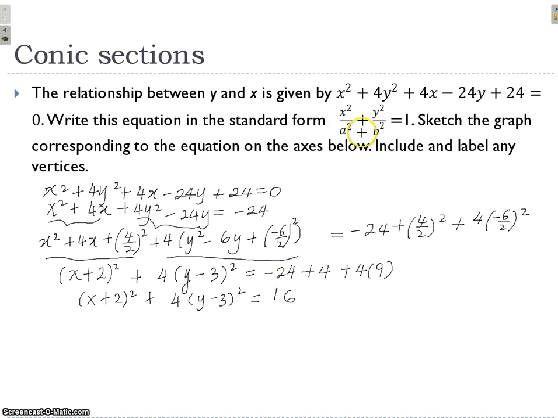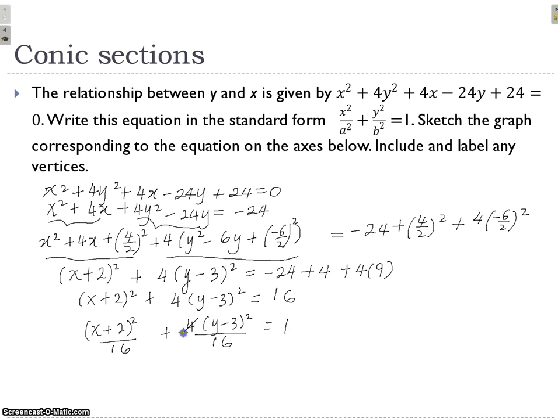Because we want to write this equation in the standard form, and there's a 1 on the right side, it means that we have to divide every term by 16 so that we get a 1 on the right side. So 16 divided by 16, we have 1.